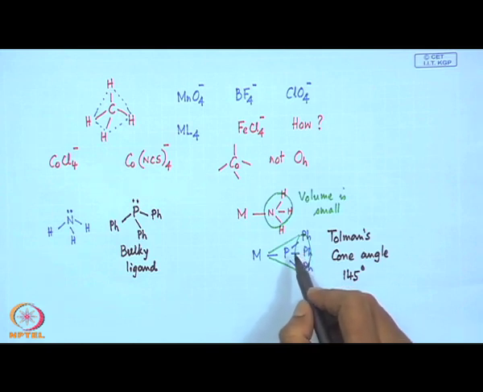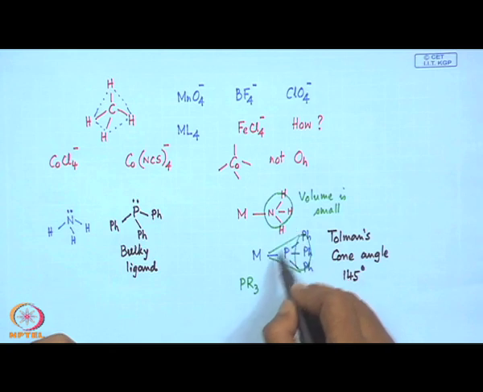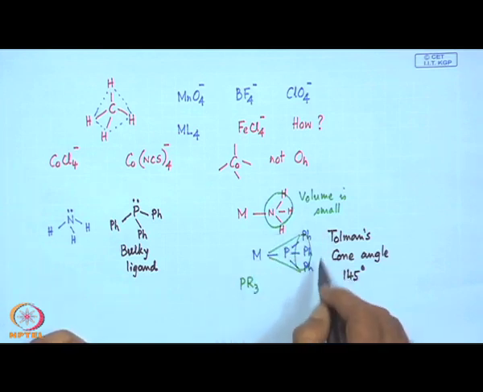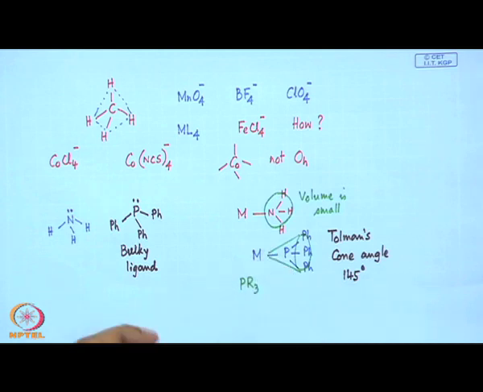So, this triphenylphosphine can have other substituted triphenylphosphines, that means we can have PR3 molecules, and depending on the nature of this R, we can change the corresponding cone angle. In some cases it is less than this value, or in other cases it is bigger than this value. So, by changing this cone angle, we are basically blocking this particular side.